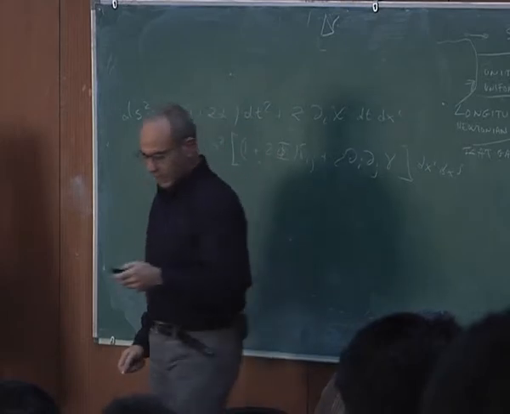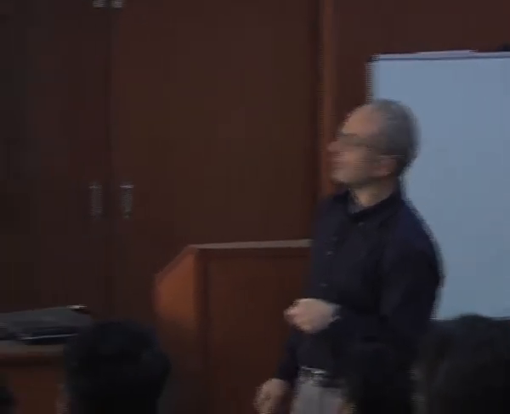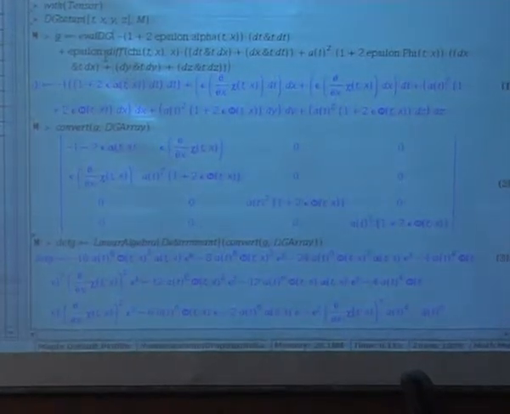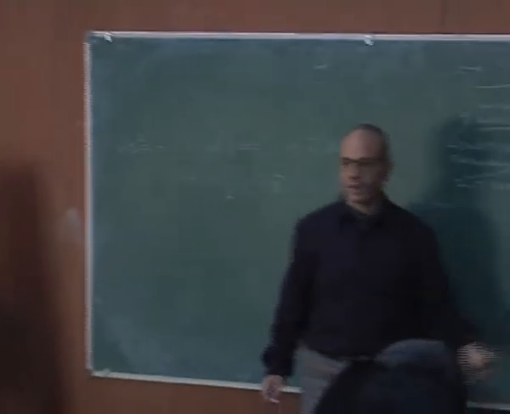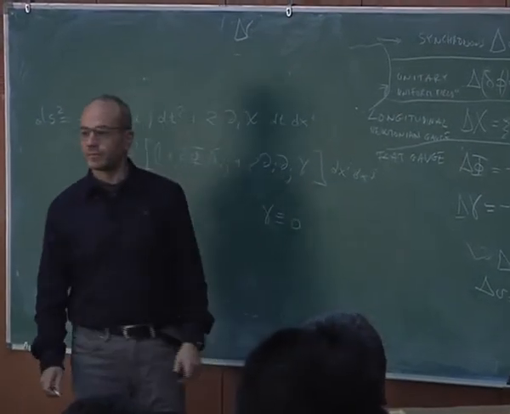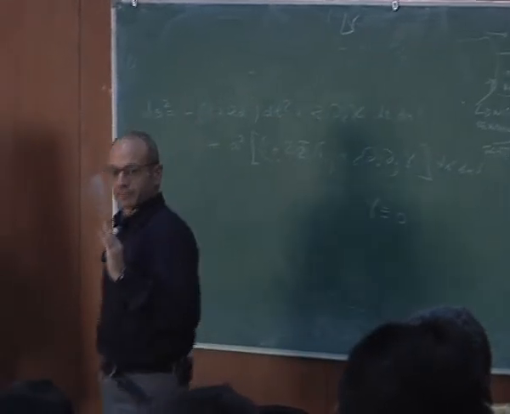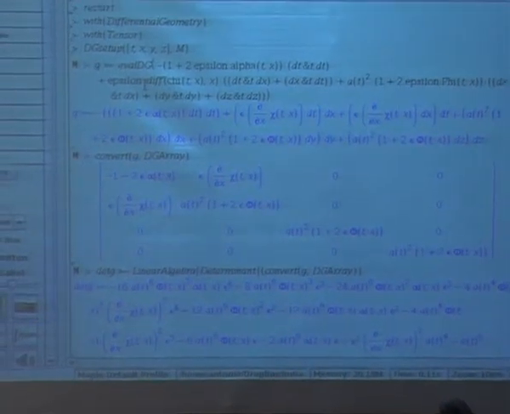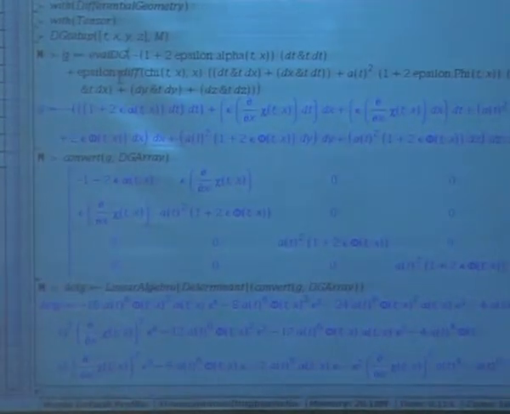Now notice that in the way I wrote it, there is no gamma. I know that I can do this, so I have fixed Xs. So gamma is 0. At this moment, notice that alpha, chi, and phi are still here. So I have not fixed the gauge so far for Xi naught.